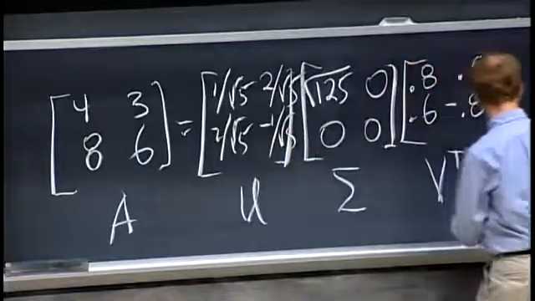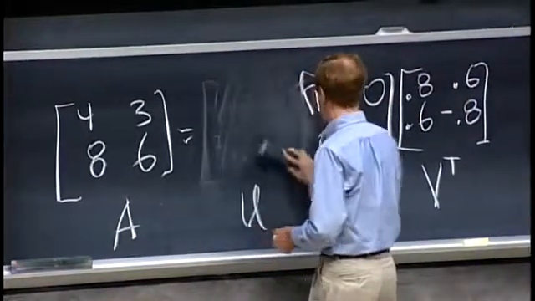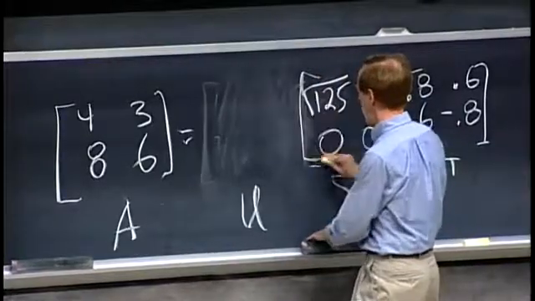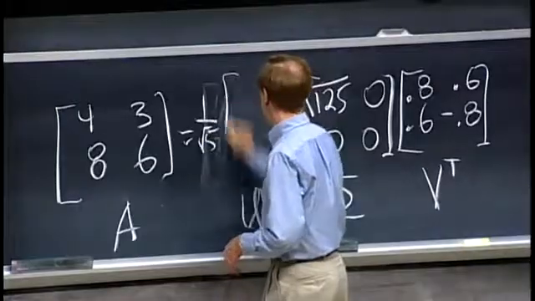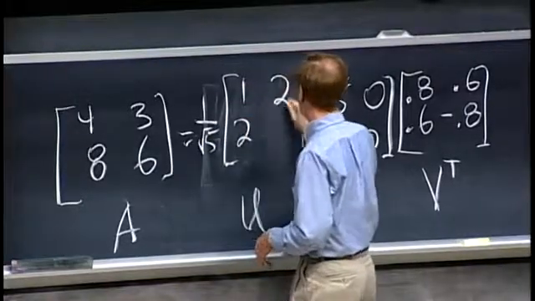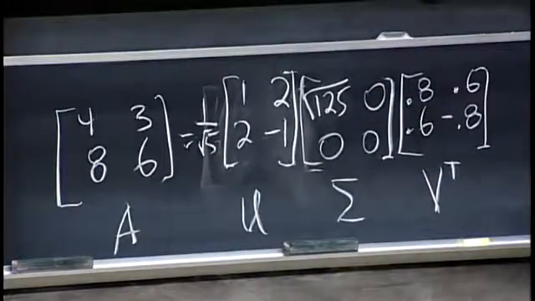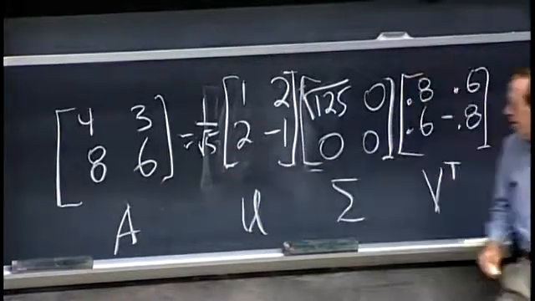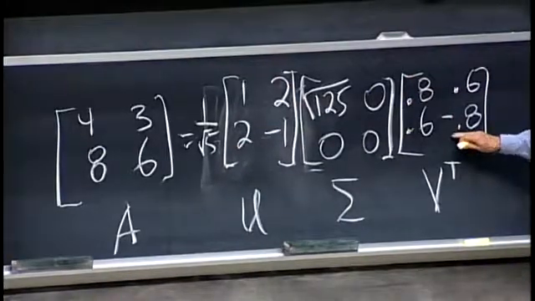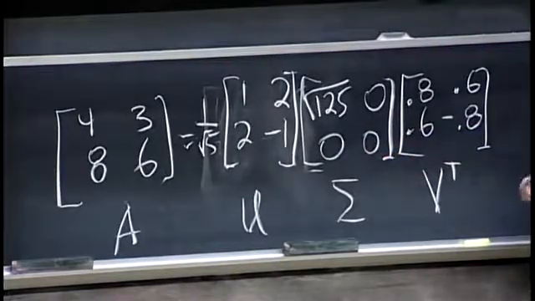Let me take square root of 5 out of that matrix to make it look better: 1 over square root of 5 times 1, 2, 2, minus 1. So there I have, including the square root of 5, an orthogonal matrix, a diagonal matrix, and its rank is only 1.